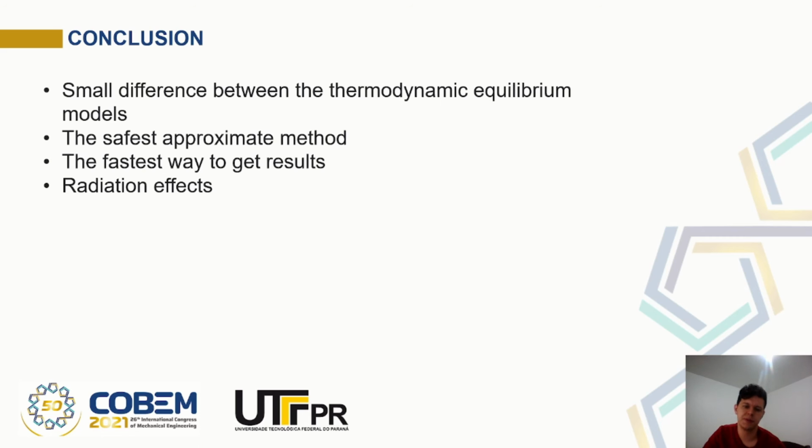To conclude this presentation, we can say that there was a small difference between the results that came from the thermodynamic equilibrium models, since the approach using the Fay-Riddell method presented very similar results.